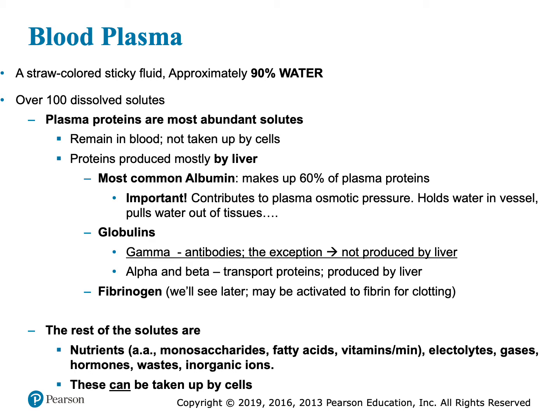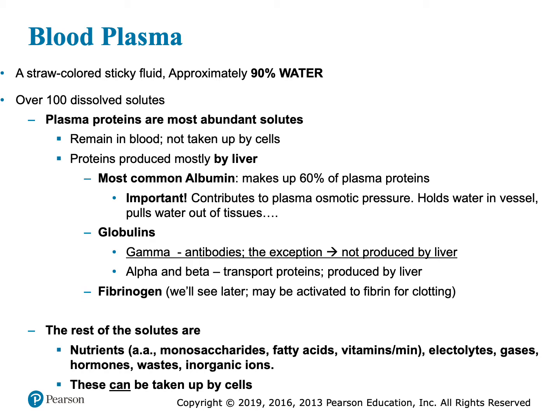Okay, plasma, the 55% that's not the formed elements, is 90% water. But it's got a lot of stuff floating around in it. The most abundant of the solutes is proteins. Proteins, remember, are produced by the liver. The most common one is albumin, and albumin actually does a lot of things.